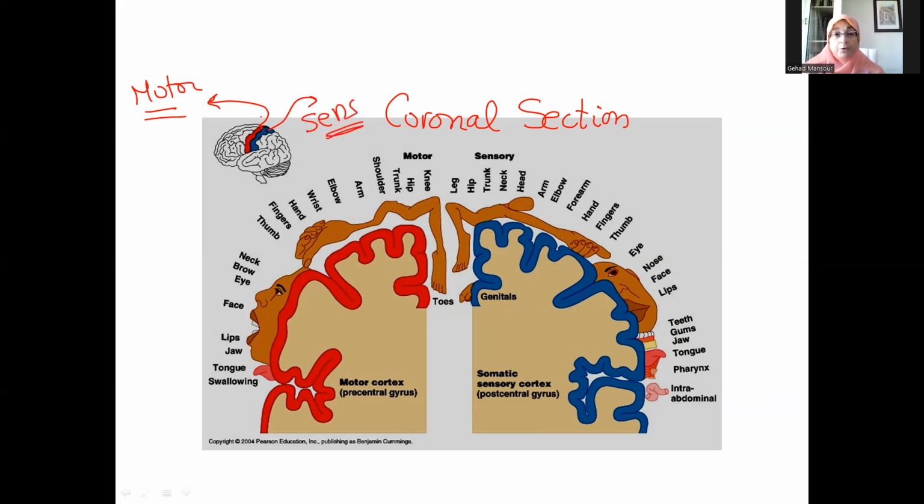And here we have another important structure, and the motor area and the sensory area are separated by the central, on the lateral surface, they are separated by the central sulcus.